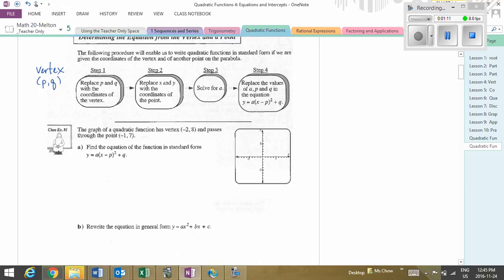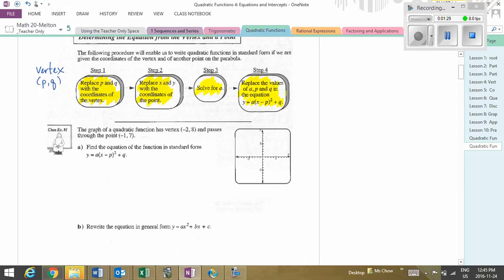You then have one variable left, which is a, which we can solve for. Then we can replace a, p, and q in the general form itself to come up with something more specific. So I'm just going to highlight all of this because this is a good way to go about working through your solution.